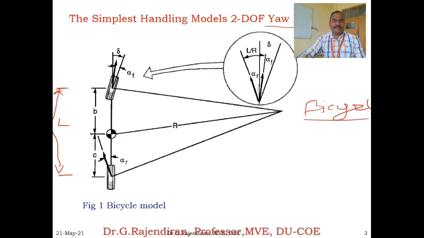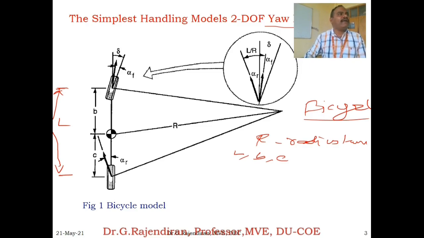This radius R is called the radius of turn. And what is L? I told you: wheelbase, B and C. Clear?